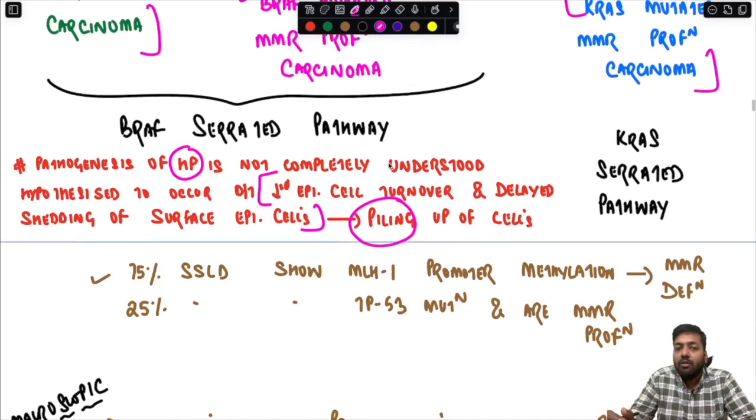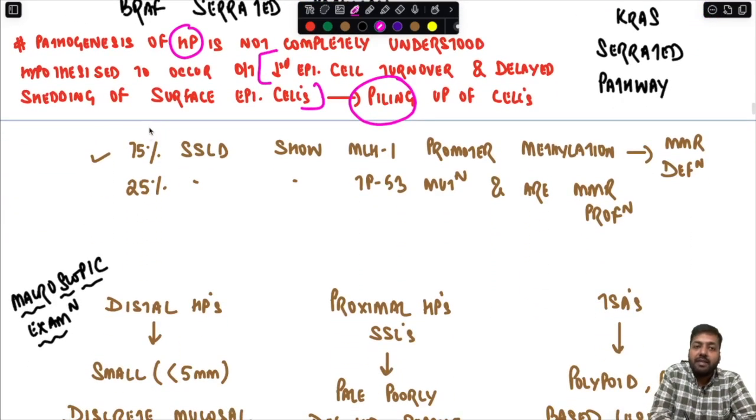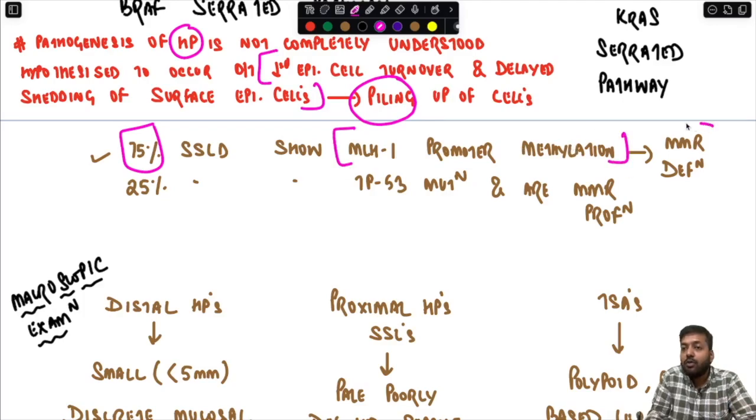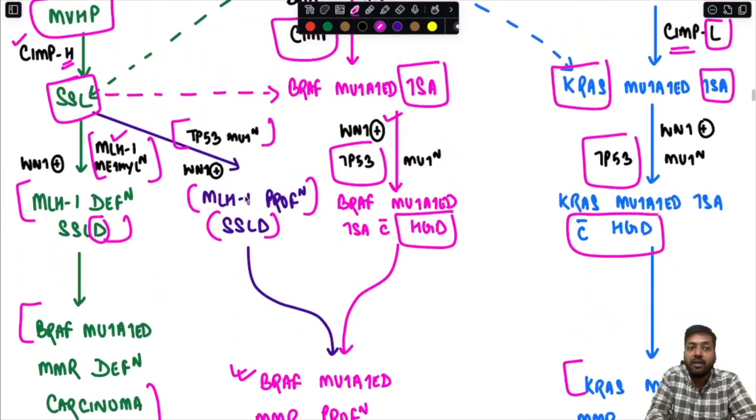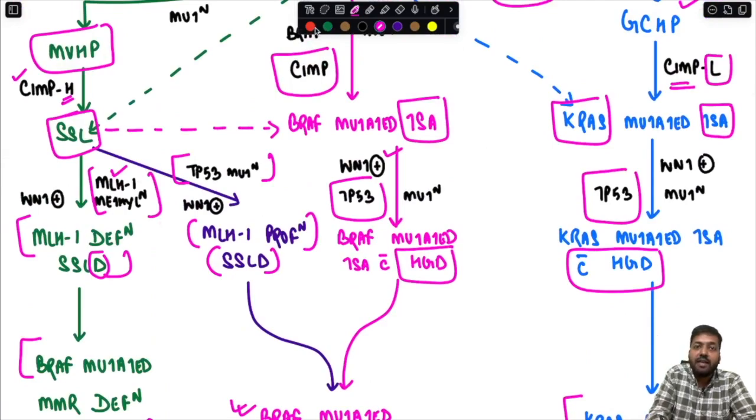Now you also have to remember that 75% of SSLD, that is sessile serrated lesion with dysplasia, show MLH1 promoter methylation leading to MMR deficiency, as we can see over here, this part. So around 75% of cases occur via this pathway.